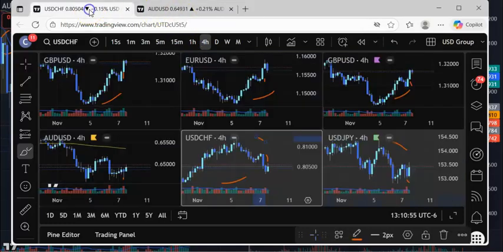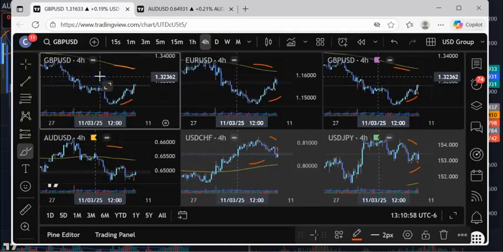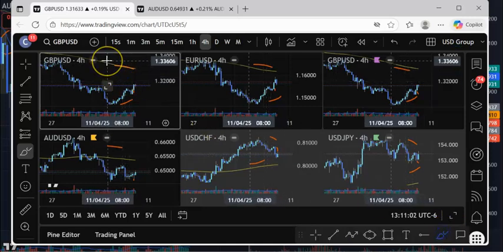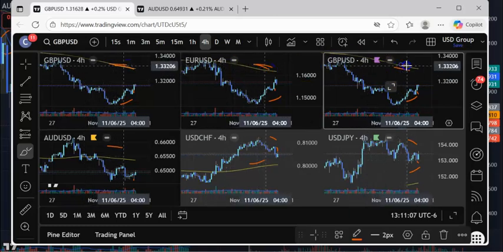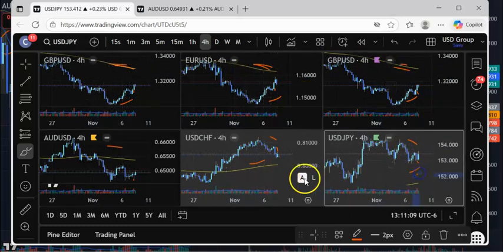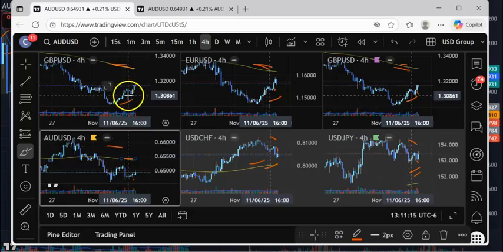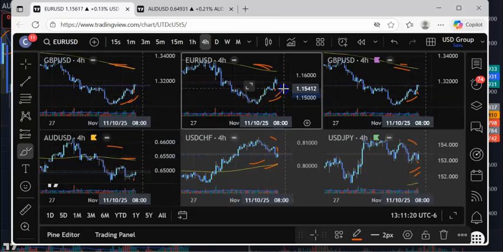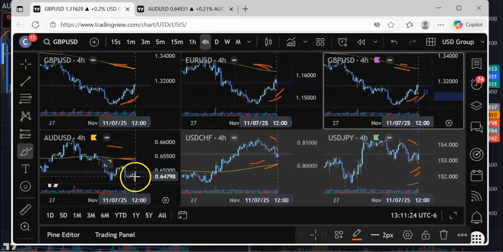So let's jump to USD. USD, let me scroll out a little. USD is a little bit different. USD is currently strongish. So all the USD pairs are strong in the overall picture, but in the shorter term picture they're slightly weak, and that's the direction I want to go.